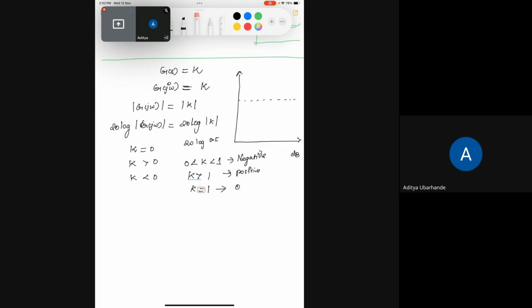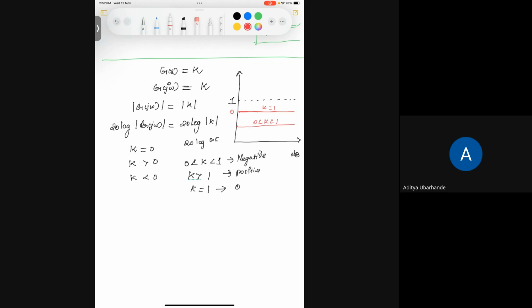We'll always be interested in 1 in Bode plots. I'm taking this as 1. So when K equals 1, my Bode plot will be here. When K is between 0 and 1, my Bode plot will be somewhere here.